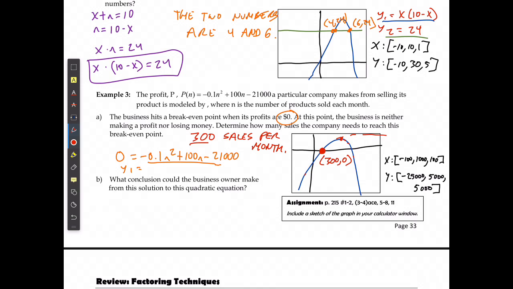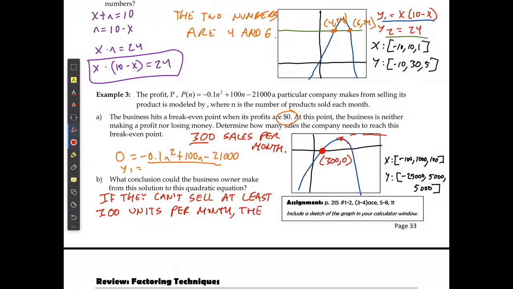When it says, what conclusion could the business owner make from the solution to this quadratic? Well, if they can't sell at least 300 units per month, then it is not worthwhile to produce.